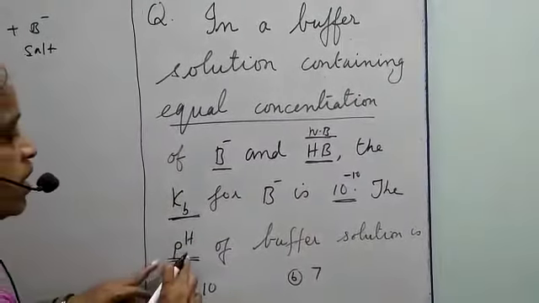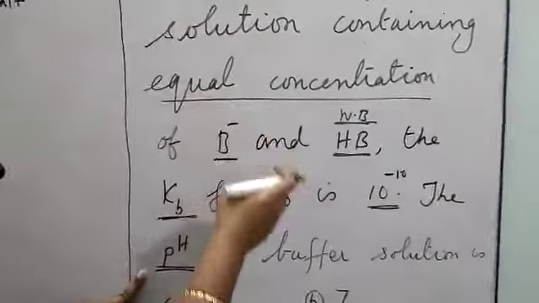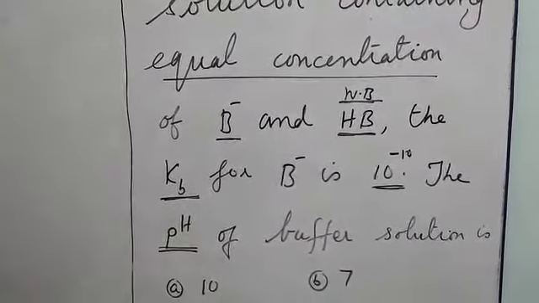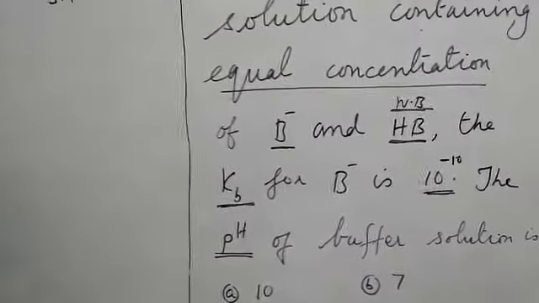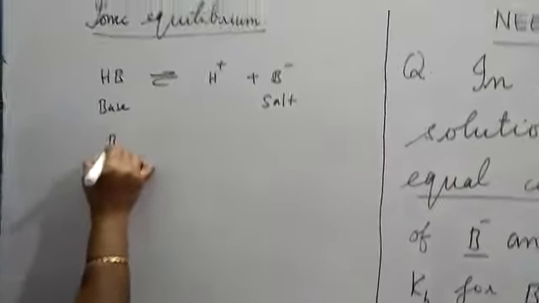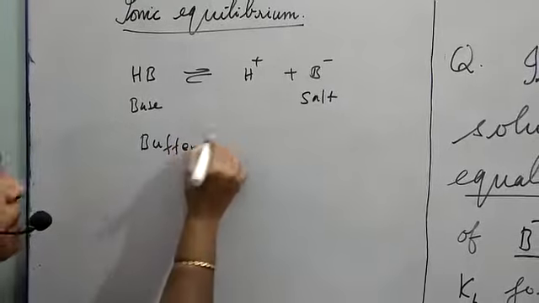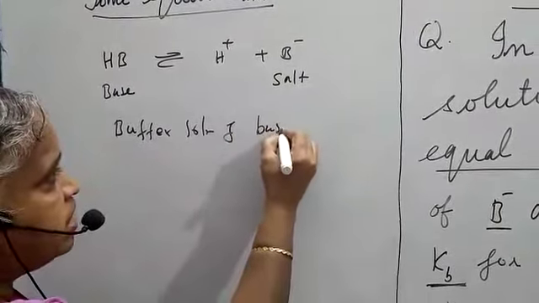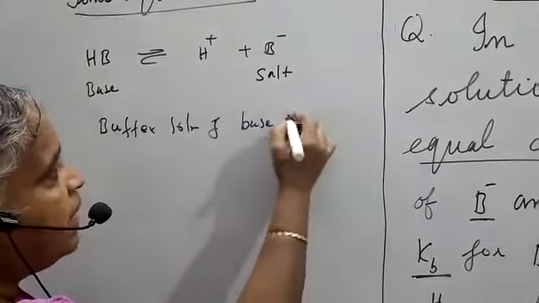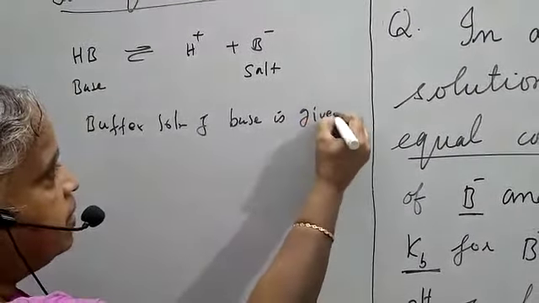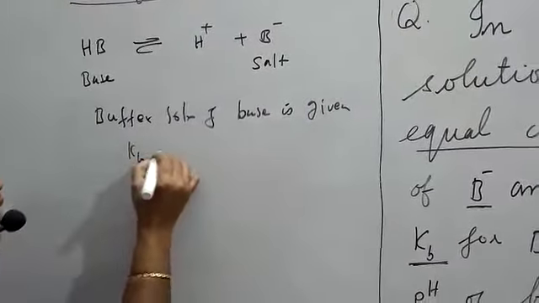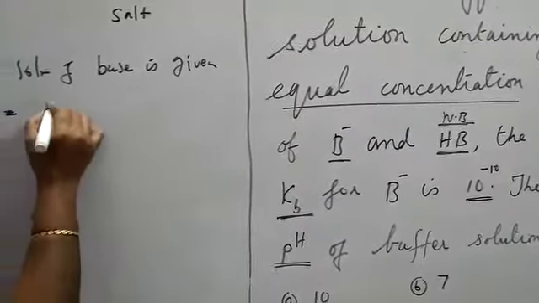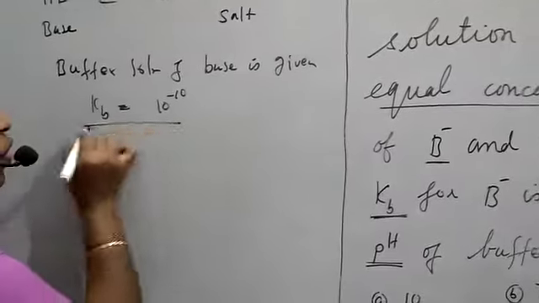Okay, now they gave the buffer solution of a base, but they are asking the pH. This is the important trick. The important point is that it is a base buffer solution, since the base is given. How can we know? Kb is equal to 10 power minus 10. So what does it indicate?